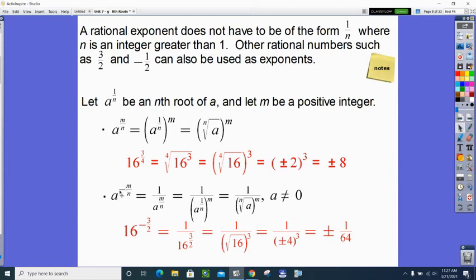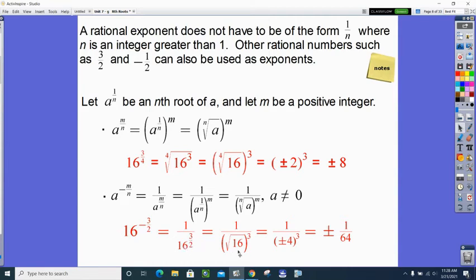What if we had a negative rational exponent? It's like this one, 16 to the -3/2. Do you remember that a negative exponent will reciprocate and go to the other place and become a positive exponent? Okay. Now I have 1 over, and remember, I'm going to take the bottom root before I take the exponent.